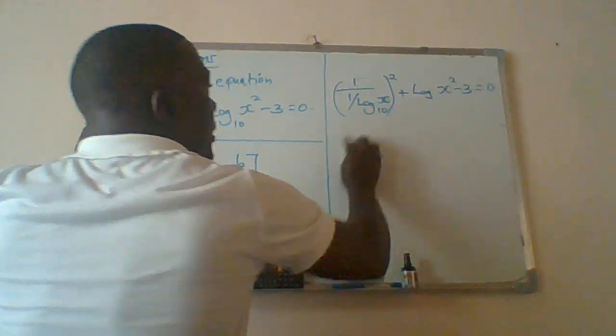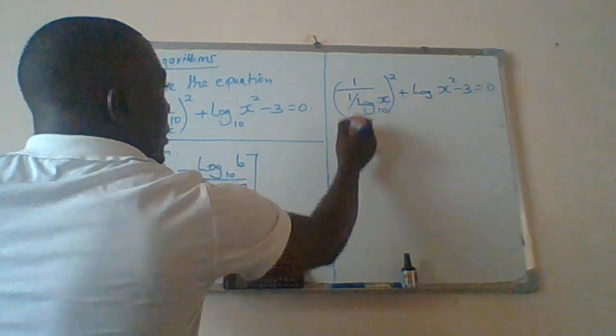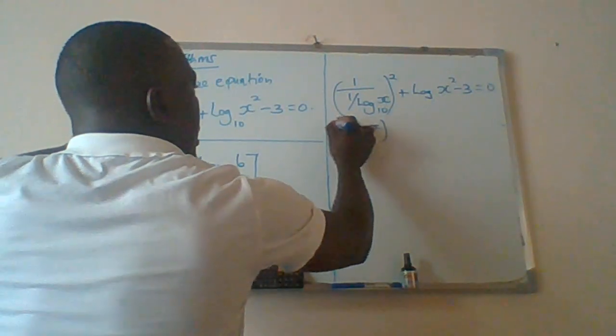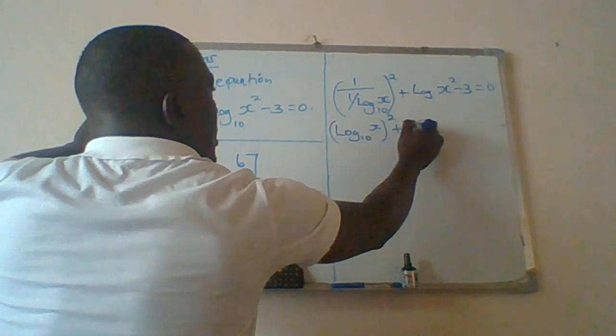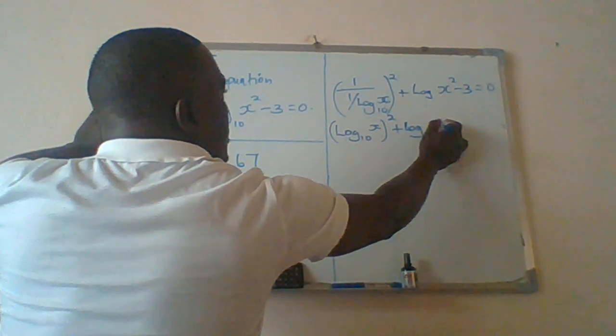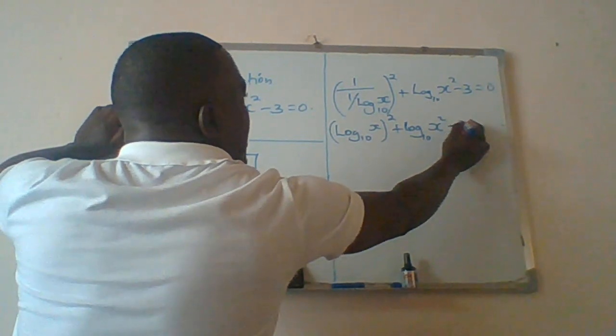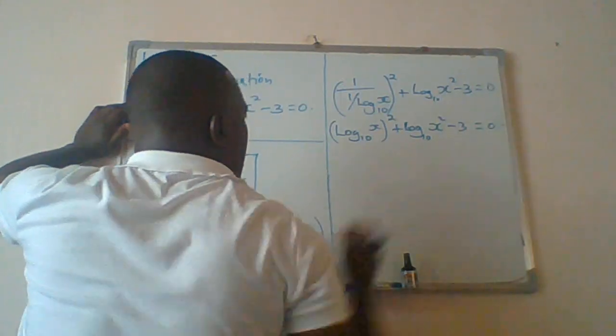Therefore, this becomes log x to base 10 squared plus log x to base 10 minus 3 is equal to 0.